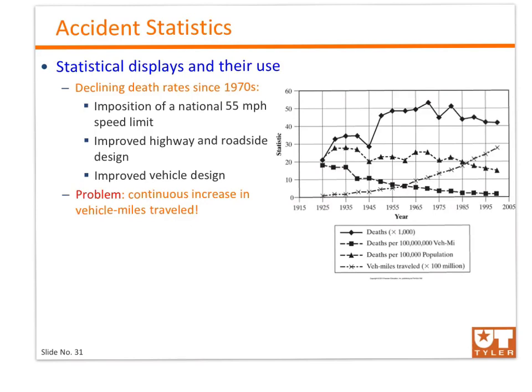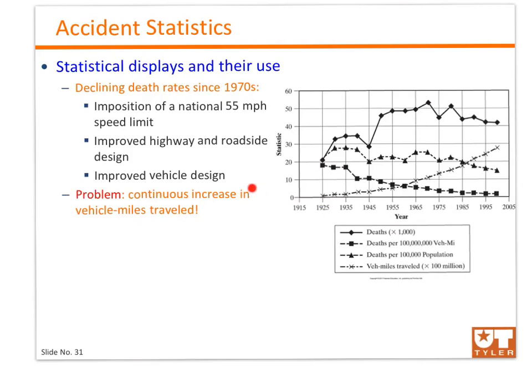So, as we discussed last time, we have a declining death rate since the 1970s. One of the reasons was the imposition of the national 55-mile speed limit. But the more practical reason that kept us going until now is really the improved highway and roadside design, as well as the improved vehicle design.